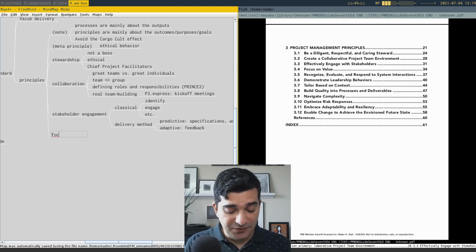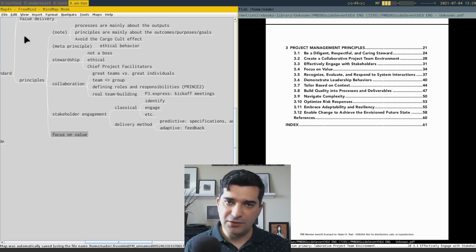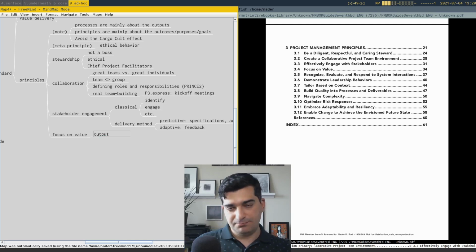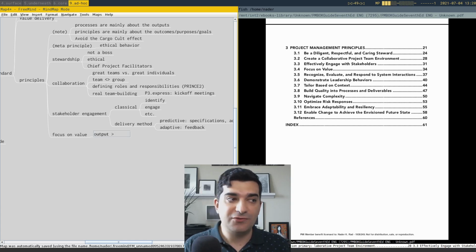Focus on value. Okay. All right. So this one has caused some confusion already for some people. First of all, think of it like this. We create outputs, the deliverables in the project, for example.